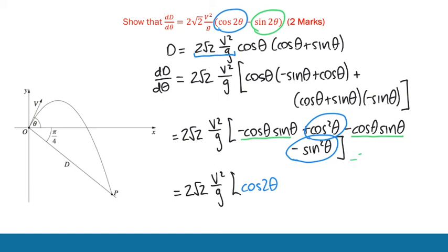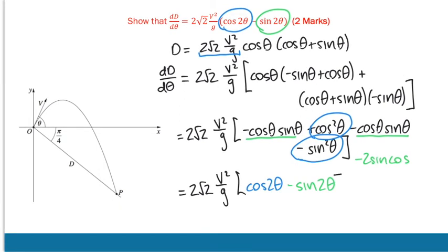That is minus 2 sine cos. That is the double angle expansion for sine. So those green bits will turn into minus 2 sine theta, or sine 2 theta rather. And so that's the proof. It's just about noticing the double angle results inside the result of your differentiation.